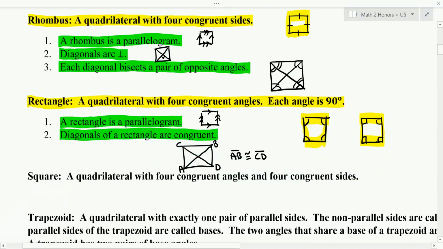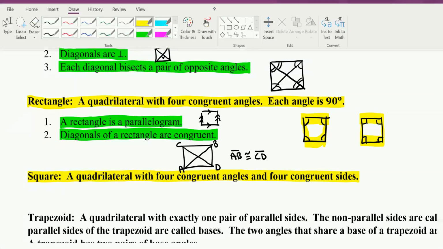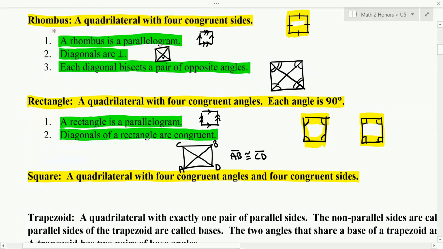Now, definition of a square. A square is a quadrilateral, so it's got four sides, and it's got four congruent angles, and it's got four congruent sides. What does it mean if I just said four congruent angles?